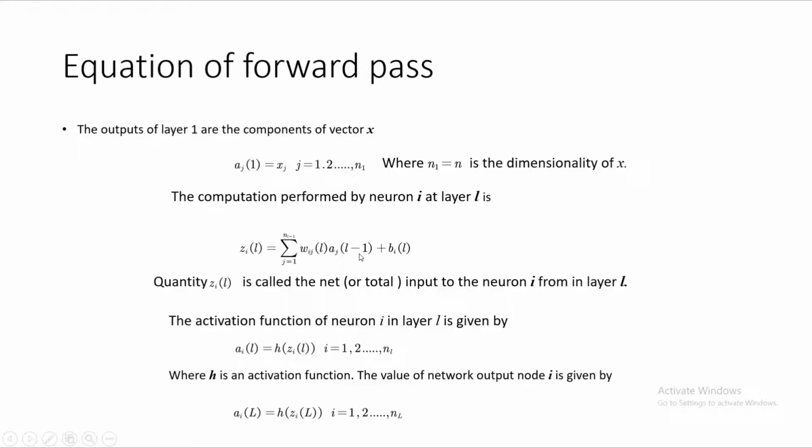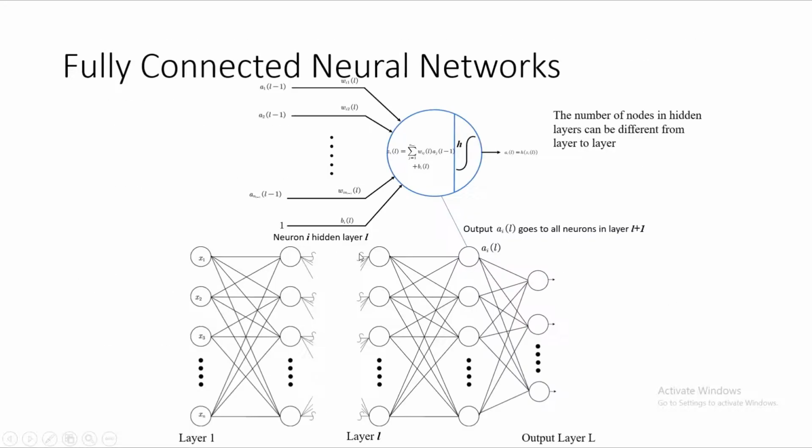We can see in the diagram that for layer 2, the input is the output activation value of the previous layer, a_i^(l-1), and the same holds for layer l as well.